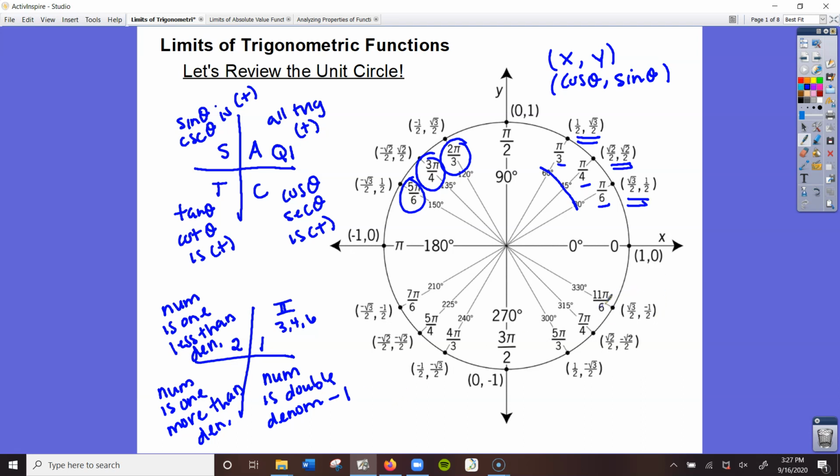So for example, if the denominator is 6, double that, it would be 12 pi, and then you subtract 1 was 11 pi. So the radian measure, if that's over 6 in quadrant 4, would be 11 pi over 6. So those are just some tricks on how to remember the unit circle. And we'll go over that a little bit more as we keep working.